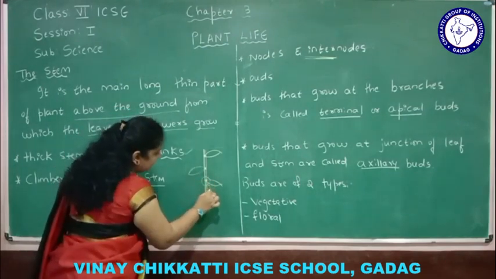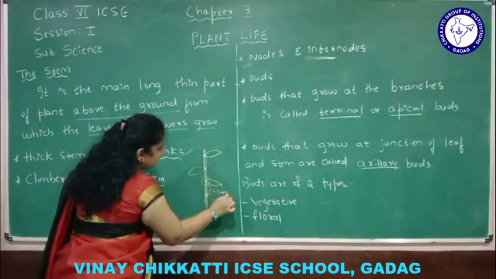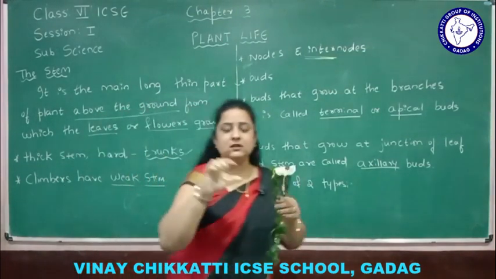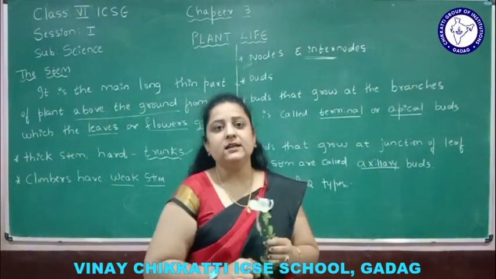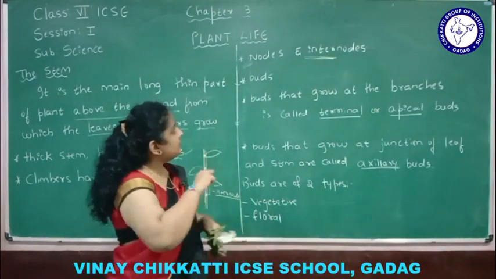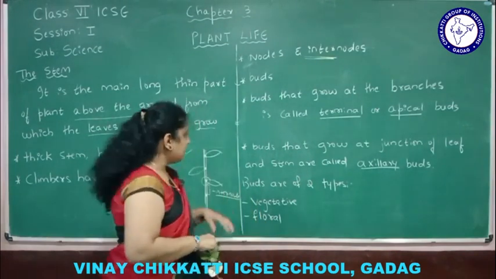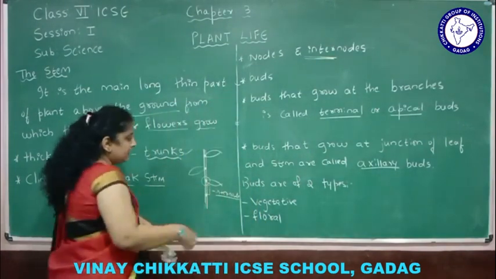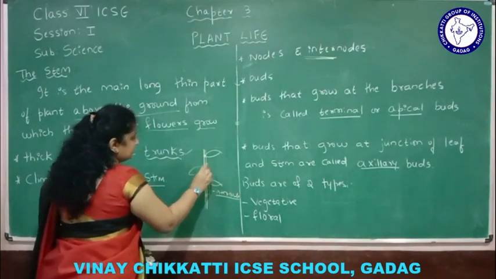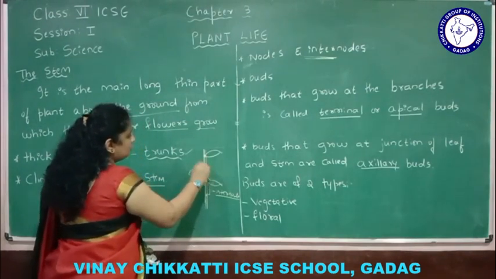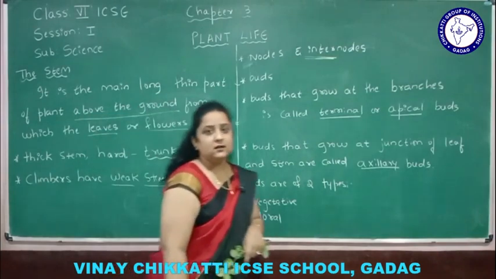So this part is called internode. The space between two nodes is called internode. So nodes are the point or the joint from where the leaves arise or grow, and the space between two nodes is called an internode.